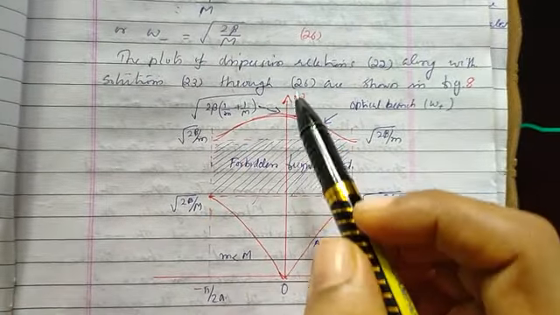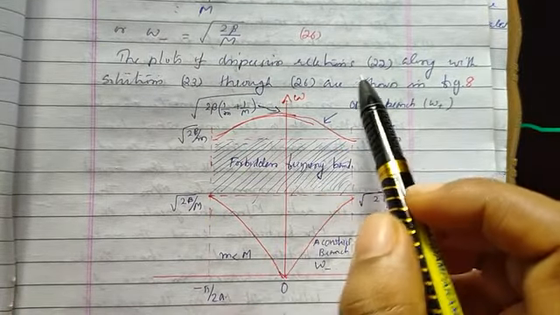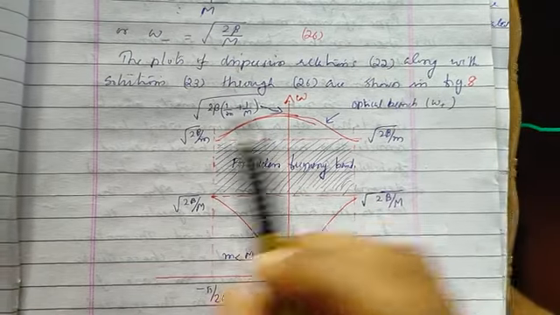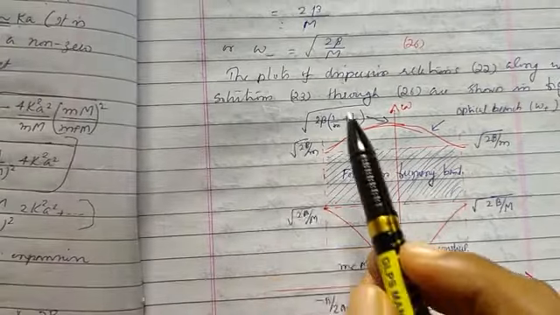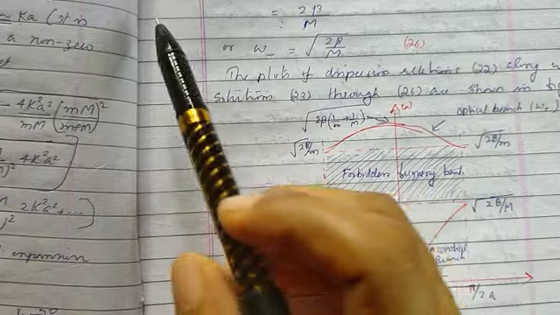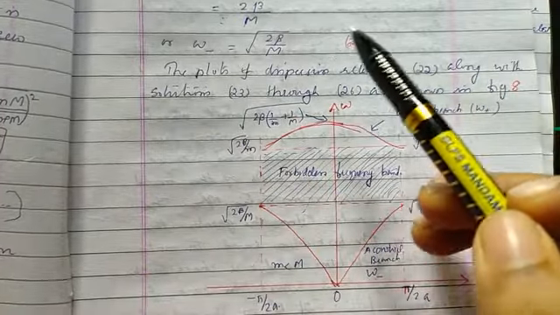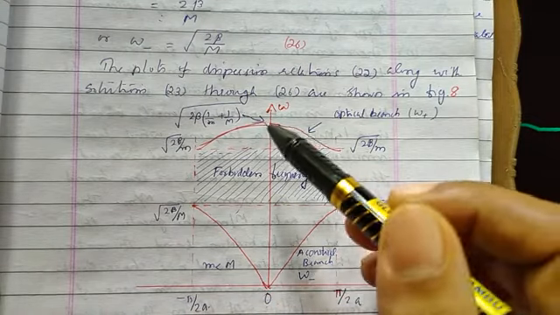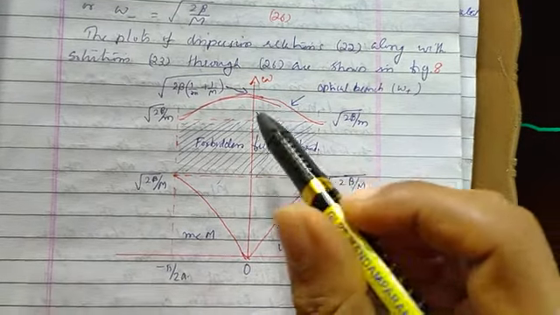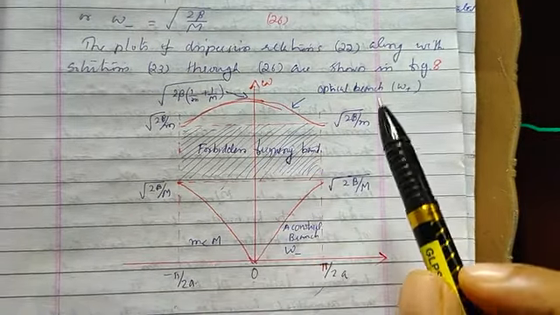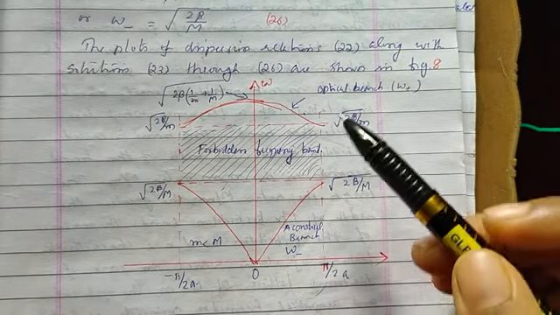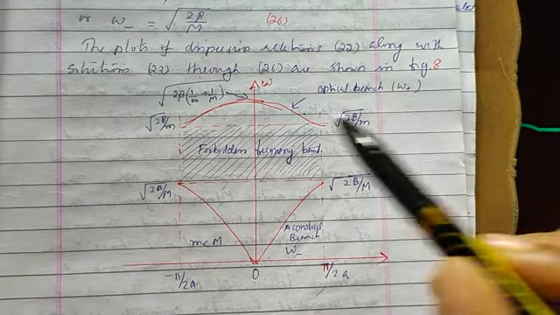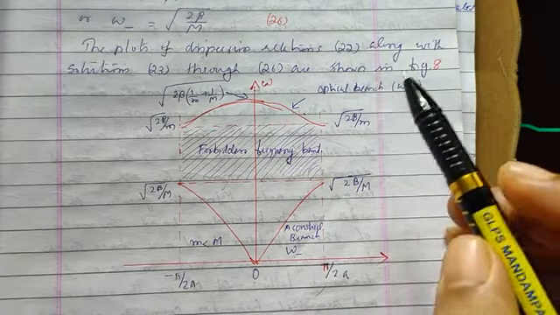Okay, so the plot for this dispersion relation along with these solutions, omega plus and omega minus for k tending to 0 and k tending to pi by 2a, is plotted here. This is the figure. So there are two branches, which is the difference from the monoatomic case.